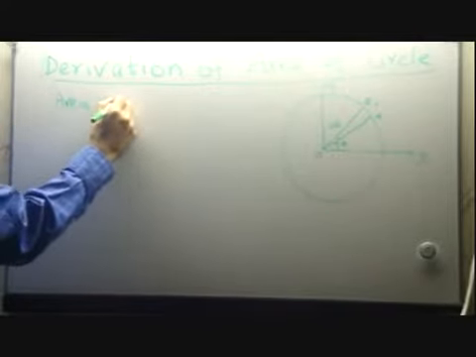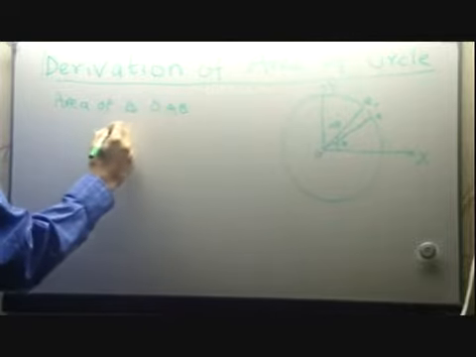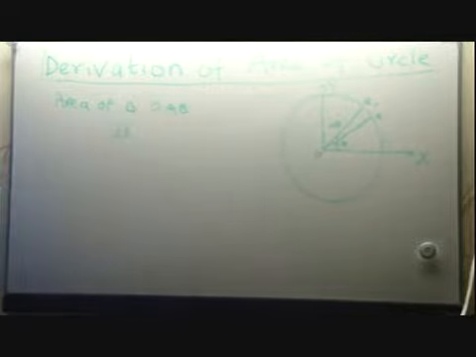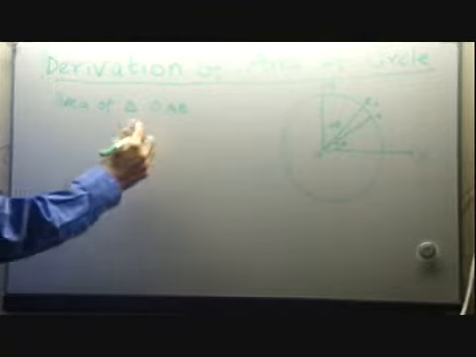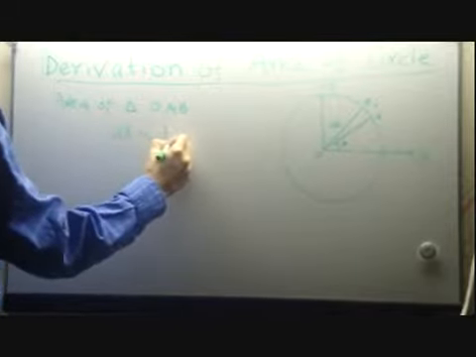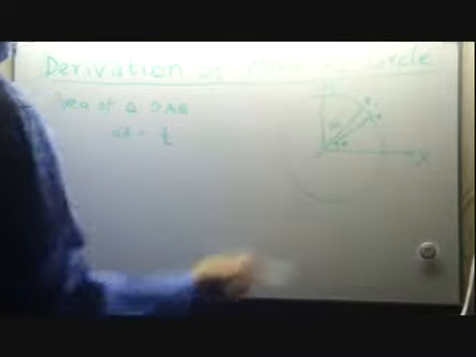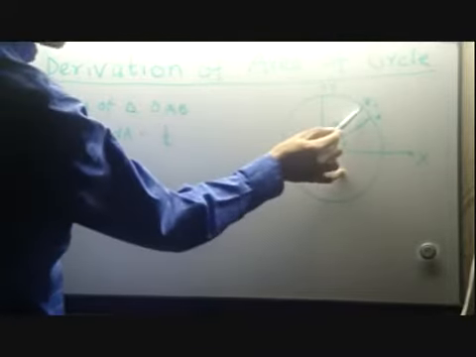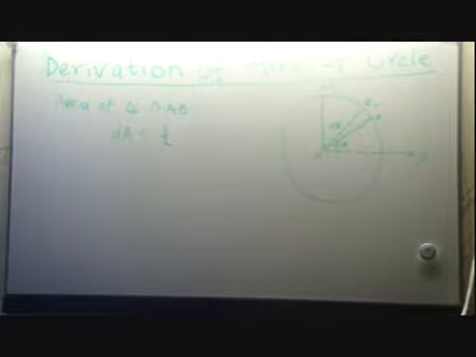So the area of triangle OAB, we are writing as a very small differential area dA, and this is given by half of, when this BA becomes very small, then the length of this arc is the same as the base of this triangle.